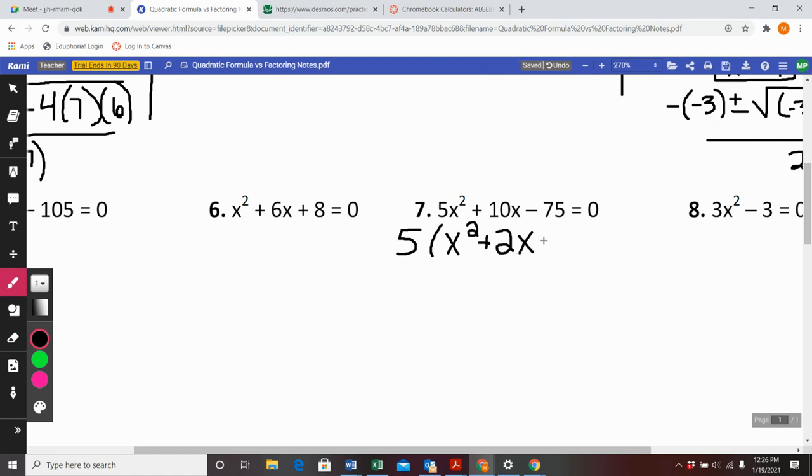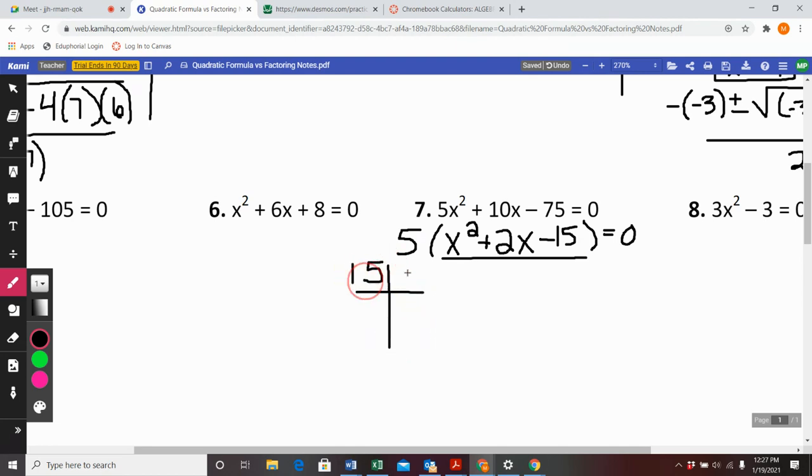5 times what gives you -15? Oh my God, I just said it. 5 times what gives you 75? It's 15. Good job. Thank you. Okay, now we're going to factor this guy right here, and we can quad formula it too. So you're going to find your factors of 15.